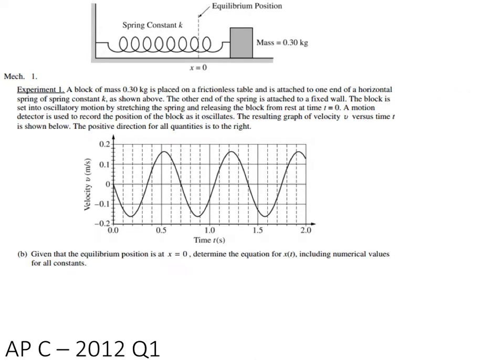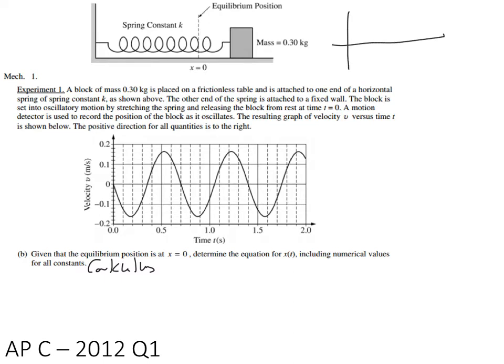Now it's asking for us to determine the equation x of t using numerical values. For the most part, this is calling for us to use calculus. However, you don't have to use calculus if you remember what the graph should look like. I said before that the way these graphs are, they should be shifted.